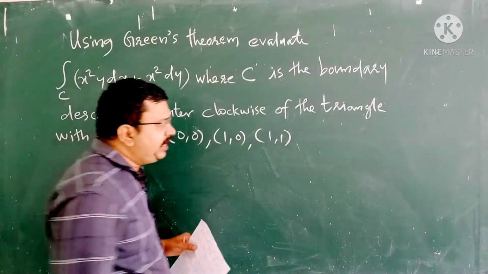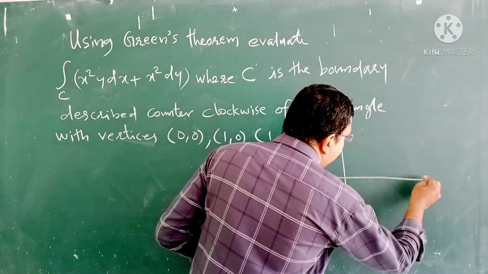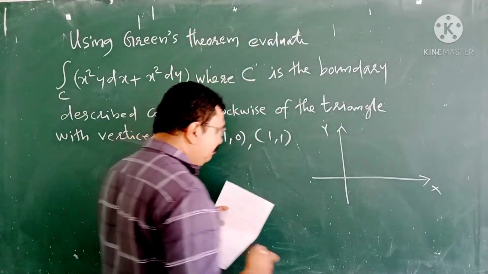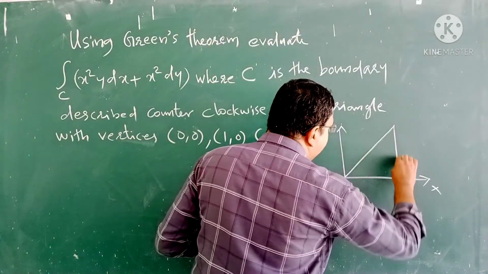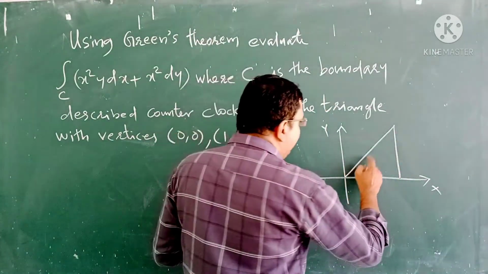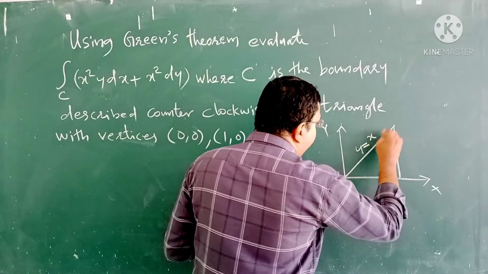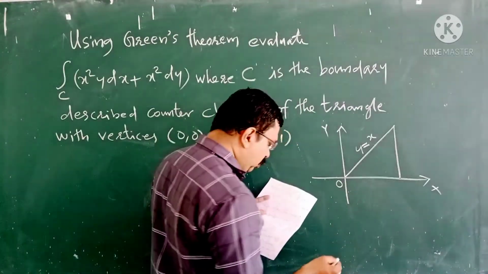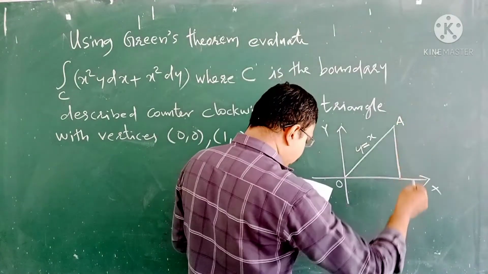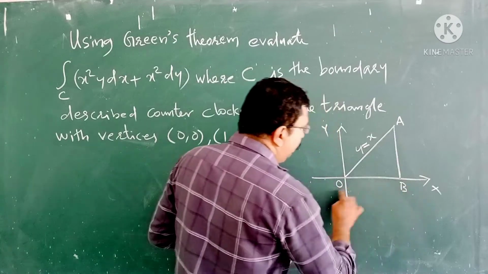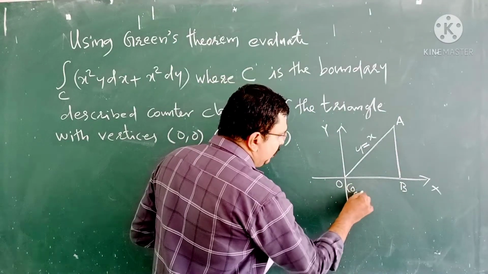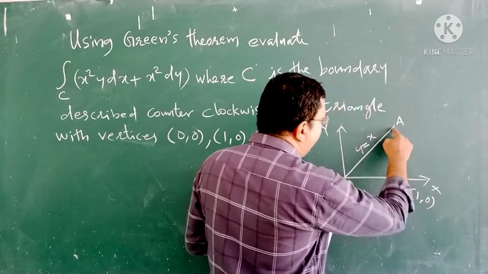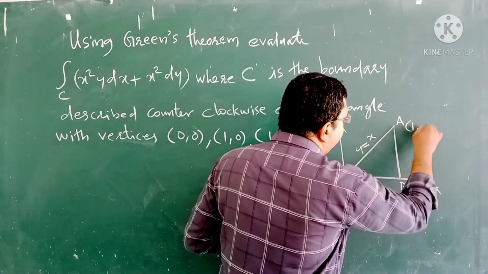First we can draw a diagram. Here is our x axis, here is our y axis. Then we are describing a triangle. This line is y equal to x. The three vertices are: here is O, here is A, here is B. Three points: O is 0, 0, then B is 1, 0 and A is 1, 1.